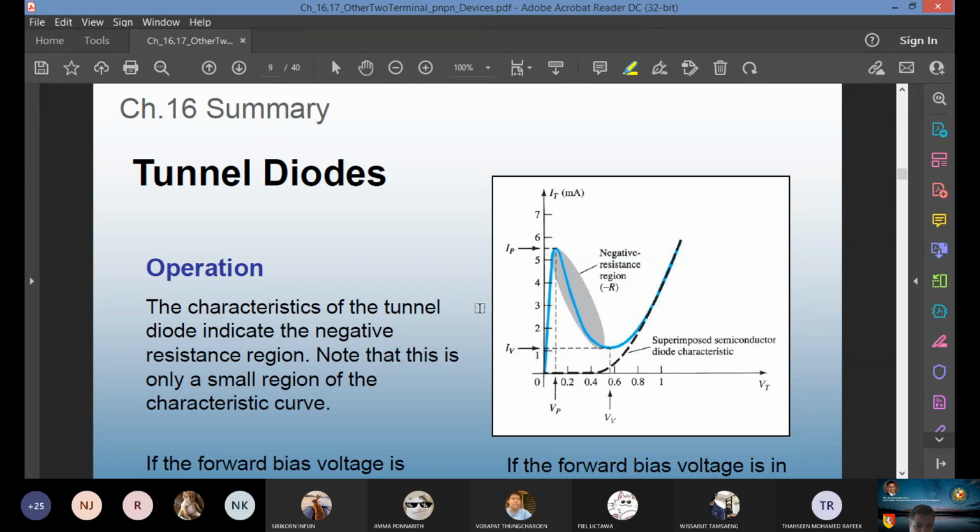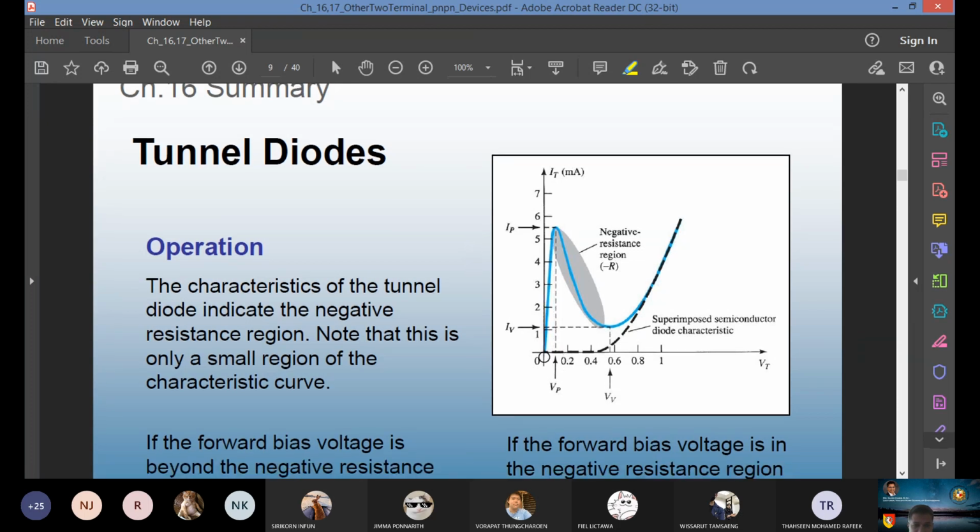The characteristic curve that you see indicates the negative resistance region where you see a negative slope sloping towards the left. That is the negative resistance region, minus R. But it is not occupying the entire characteristic curve.